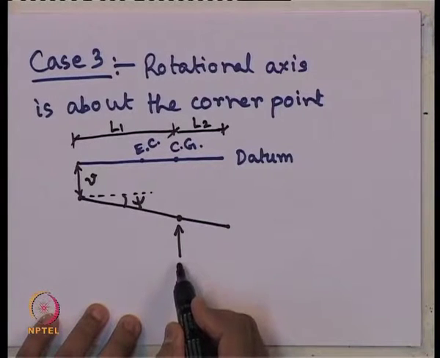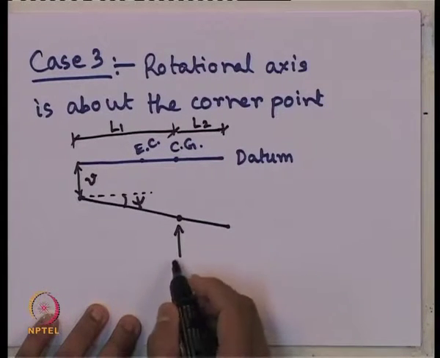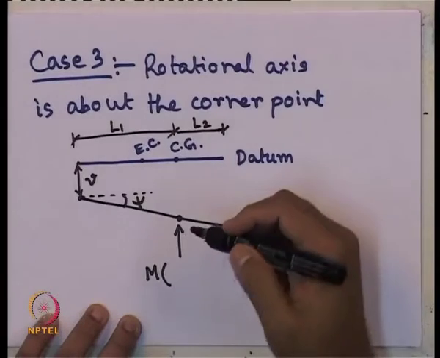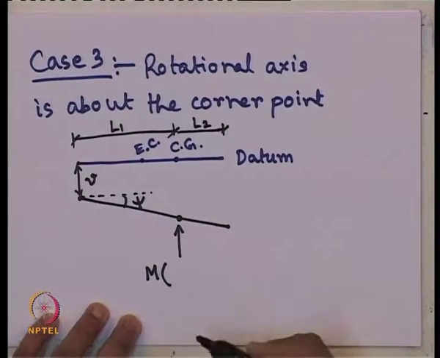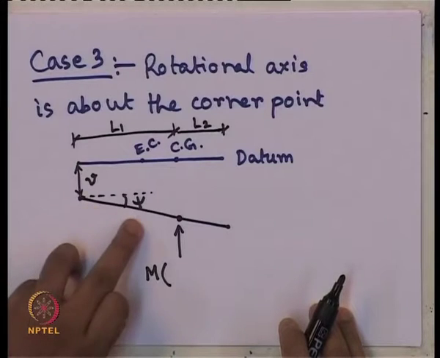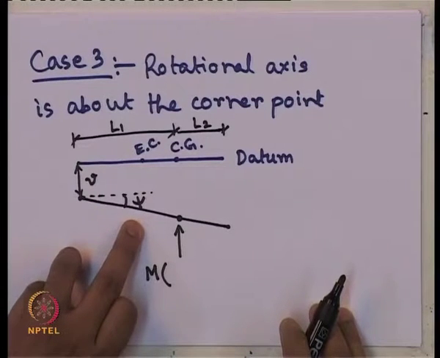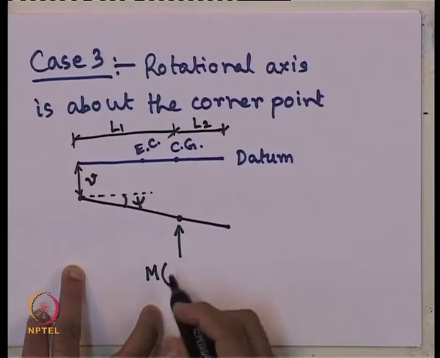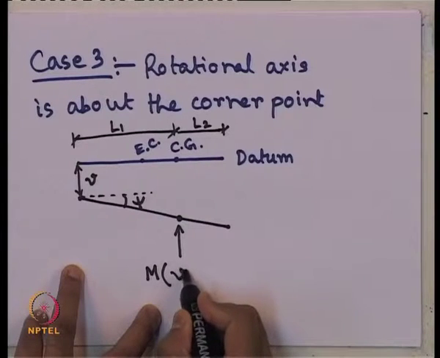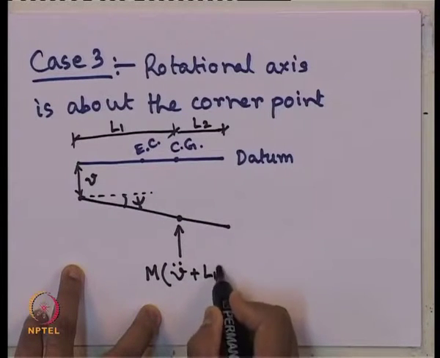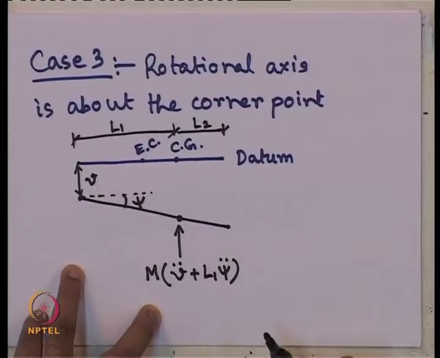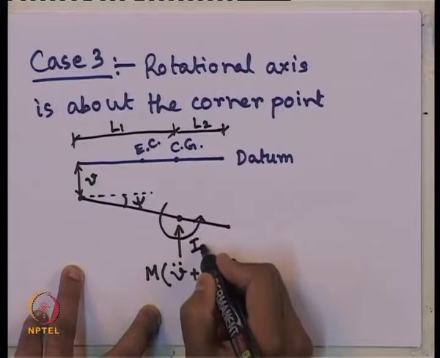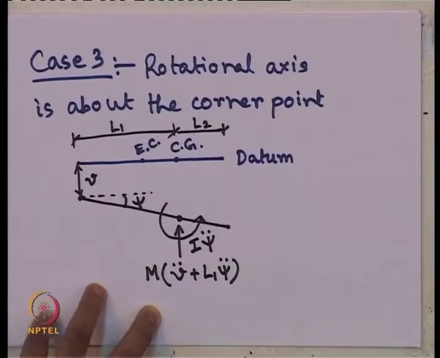The inertia force due to the vertical movement is mass times the corresponding acceleration. So, what is the displacement of the CG? That is v plus L1 psi, the corresponding vertical displacement of the CG. So, the corresponding acceleration should be v double dot plus L1 psi double dot, and the rotational inertia force should be I psi double dot. Okay.